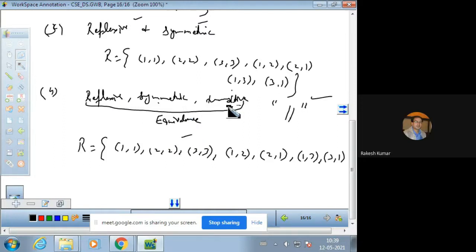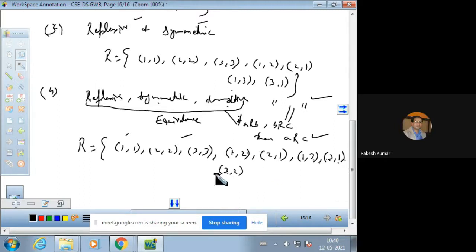For making it transitive also, now transitive property says that if A relates B, B relates C, then A should relate with C. So just see, (1, 3) is there and (3, 1) is there, so (1, 1) is also there. Okay. (3, 1) is there and (1, 2) is there, so (3, 2) should be there. (3, 2) is not in it, so we have to add (3, 2).